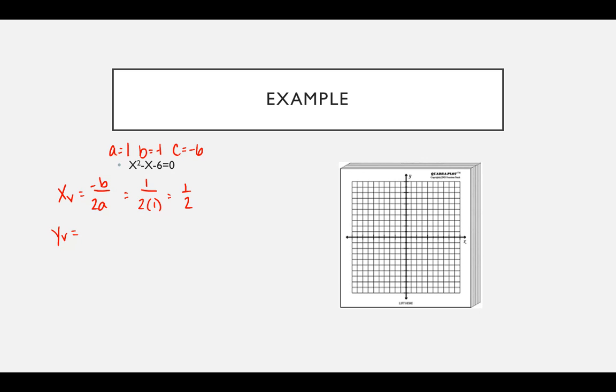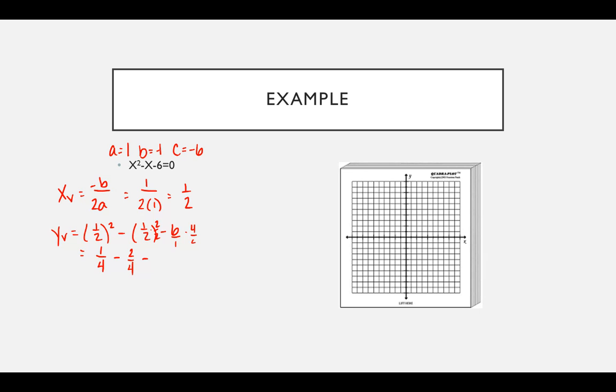For the y-coordinate of the vertex, you can plug that 1/2 into your calculator, or we can go ahead and just do the substitution here. 1/2 squared minus 1/2 minus 6, so square the numerator and the denominator to get 1/4, minus, we're going to need a common denominator here. So I'm going to multiply that 1/2 by 2 over 2. So it'll be 2 over 4, minus, this 6 is 6 over 1.